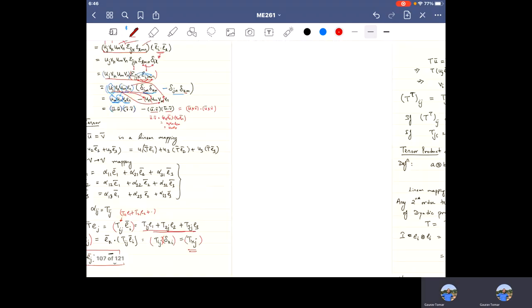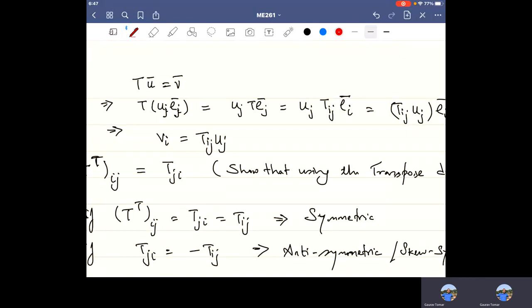Now, if you take this mapping that we had started with, T operating on u giving you v, you can write T operating on u as u1 e1 plus u2 e2 plus so on. u1, u2, u3 are scalars. You can pull them out. You get uj T on ej, and using the previous definition, we could write T ej as Tij ei.